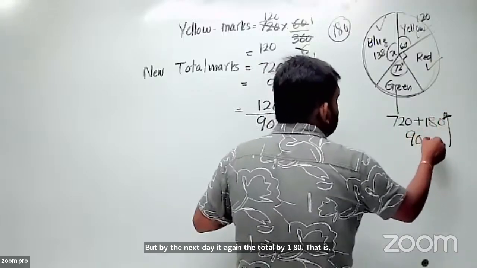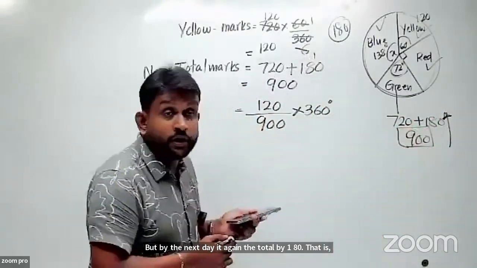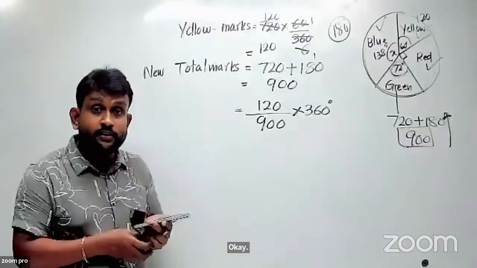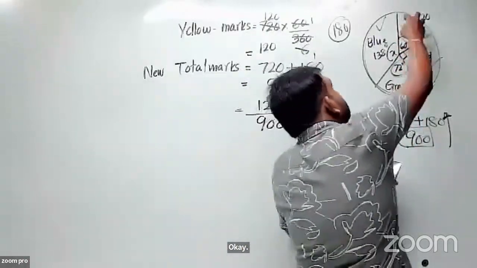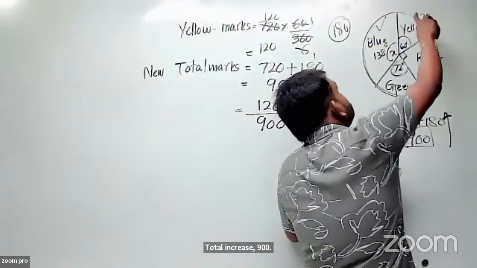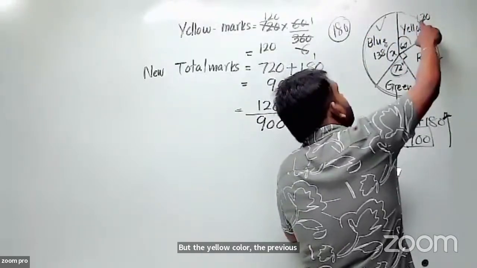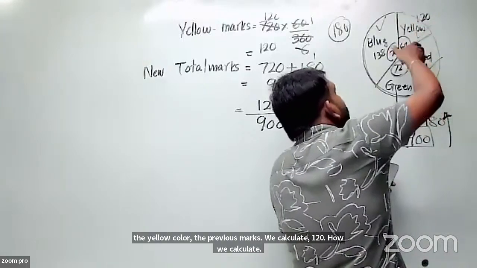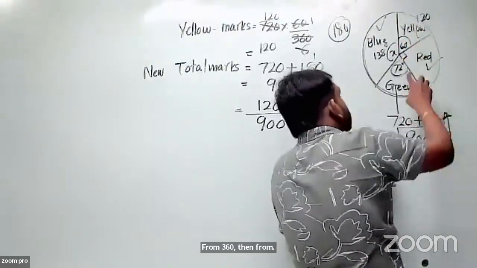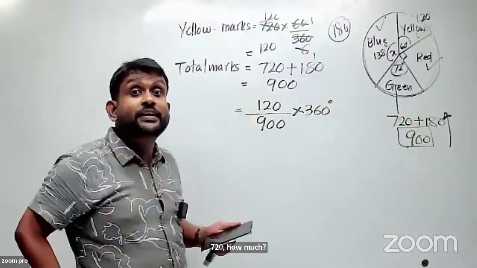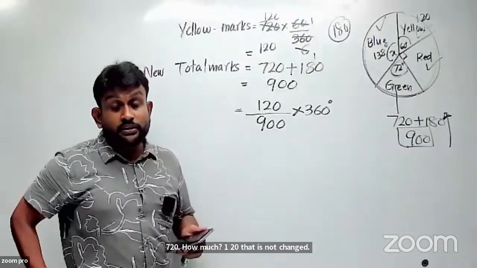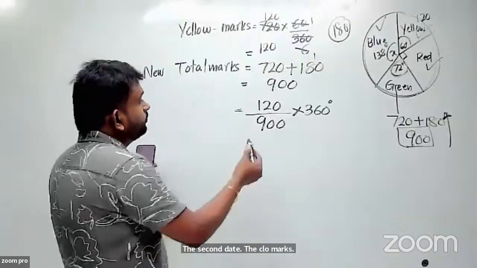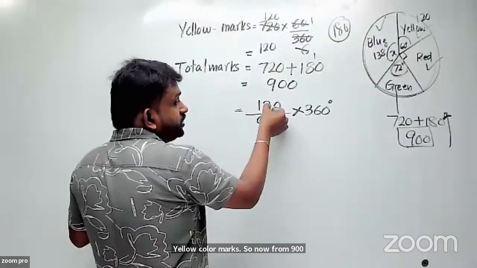Now the total is 900. Total increased to 900, but the yellow color's previous marks we calculated as 120. How did we calculate? From 360, then from 720, how much? 120. That is not changed on the second day, the yellow color marks. So now from 900, that allocation is 120.